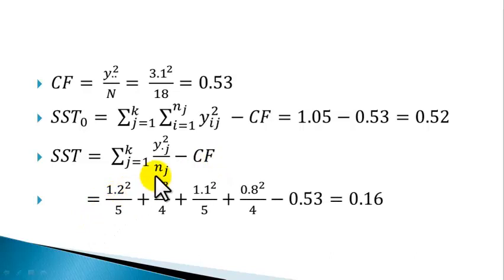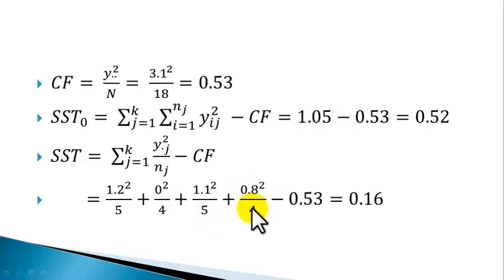This is equal to, for treatment 1, the treatment 1 total is 1.2. So you have 1.2 squared all over 5. That's the number of observations there, 5. Plus, for treatment 2, the total is 0, 0 squared over 4. Plus, treatment 3, total is 1.1. So 1.1 squared all over 5. Plus, treatment 4, total is 0.8.